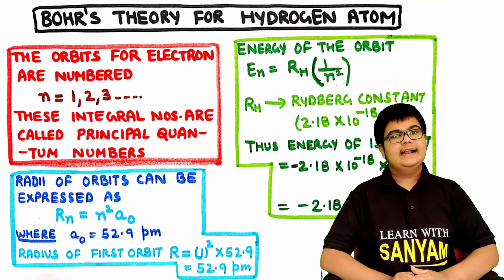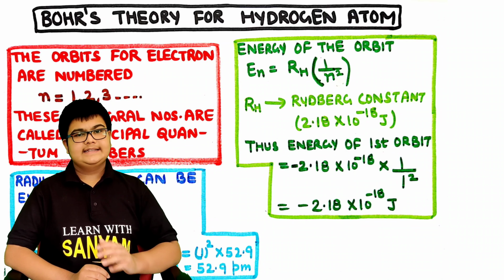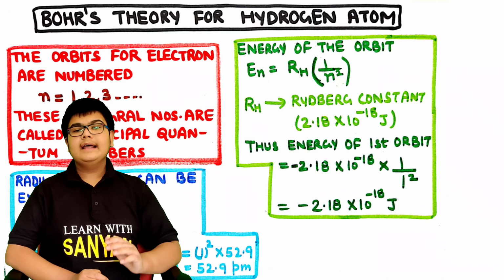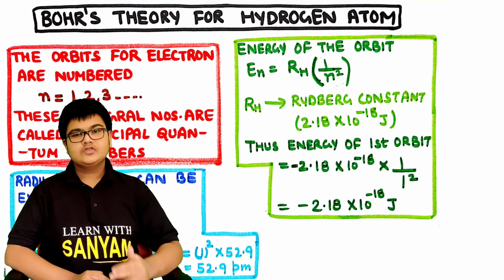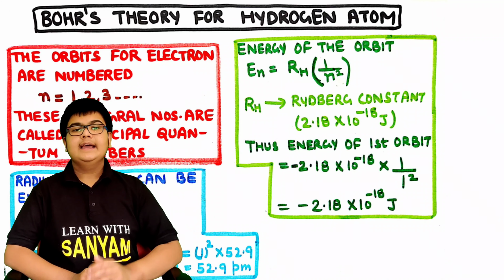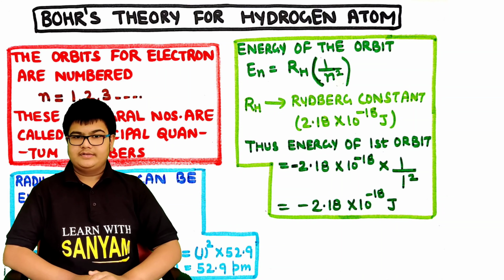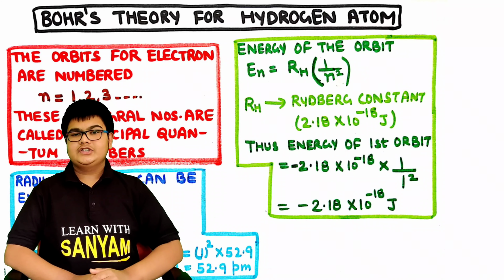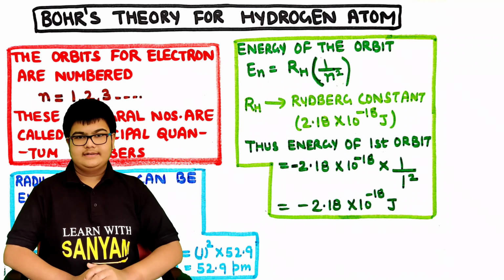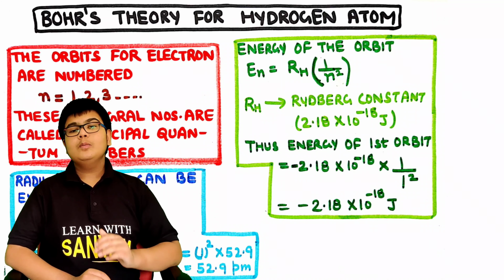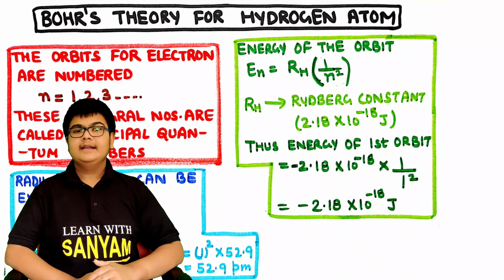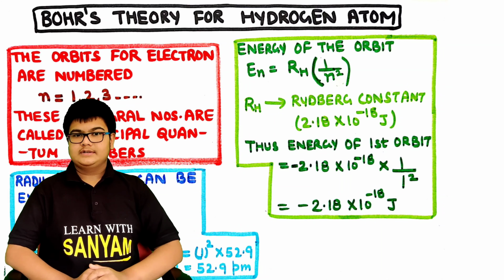And it also said that energy of the orbit, that is En, is equal to minus RH multiplied by 1 upon n square, in which RH is Rydberg's constant and its value is 2.18 into 10 raised to power minus 18 joules.